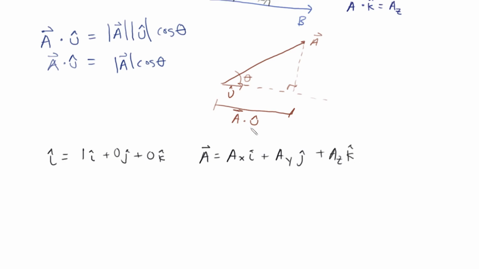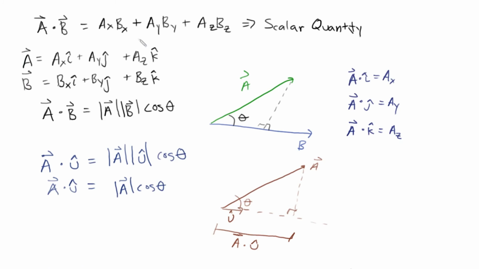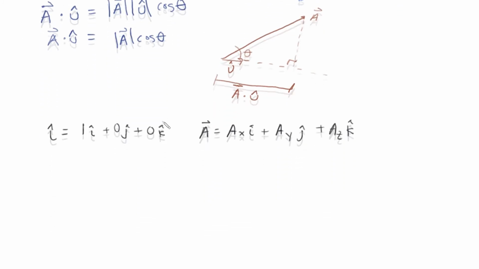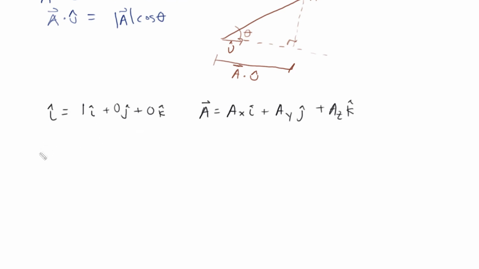So as we defined earlier, A dot B is simply the multiplication of each corresponding component of the two vectors. So let's multiply. So A dot I will give you AX times 1 plus AY times 0 plus AZ times 0.